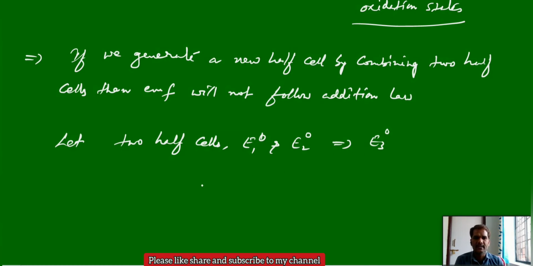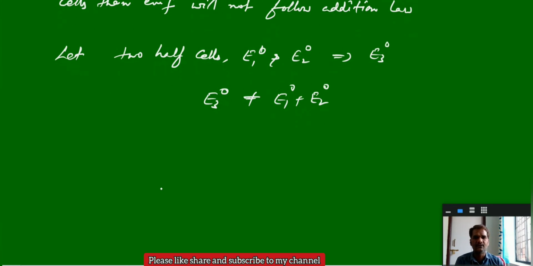In this case, the E3 naught value need not be equal to E1 naught plus E2 naught. When you mix the two half cells to generate the third cell, E3 naught may not be equal to E1 naught plus E2 naught. Then how to calculate the resultant E cell value? For that case, we have to use this formula.